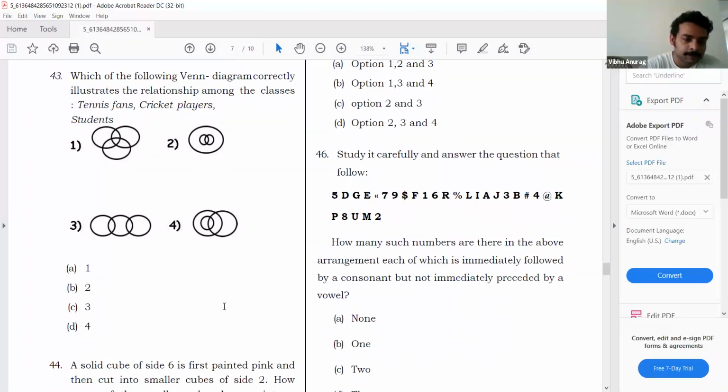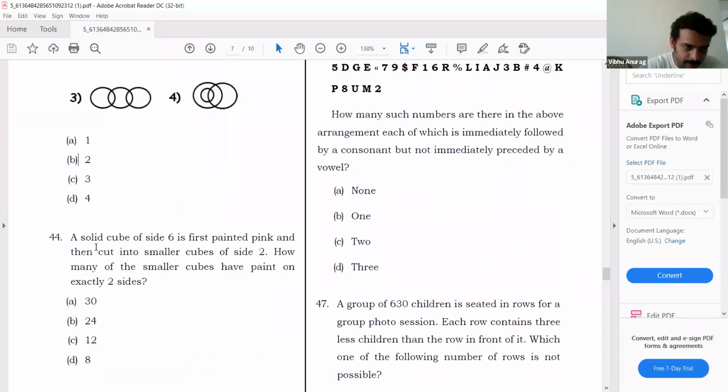Okay. 44, same thing. A solid cube of side 6 is first painted pink, then cut into small cubes of side 2. So here my n is equal to 6 by 2, which is 3. There are 3 cubes on every side because the side is 6 and the size of every cube is 2. How many smaller cubes have paint on exactly 2 sides?